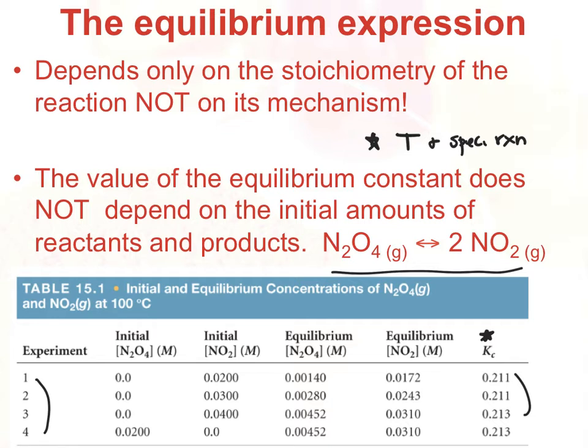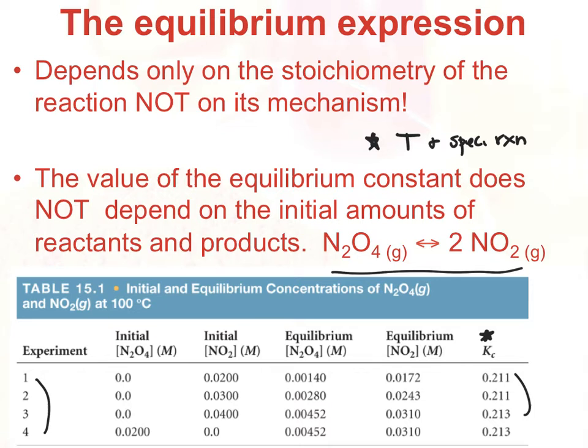What we need to understand here is that equilibrium is going to be reached for this specific reaction. We're going to establish a specific ratio at equilibrium between the reactants and products, and that equilibrium ratio gives us our K value. That's going to be consistent regardless of what we start with.